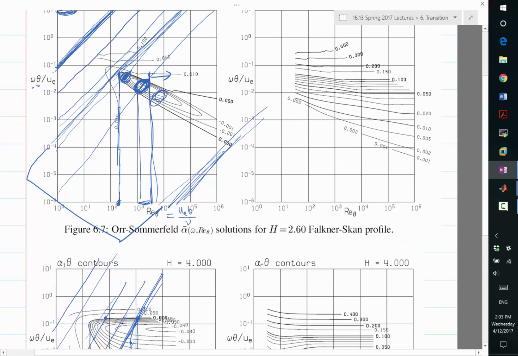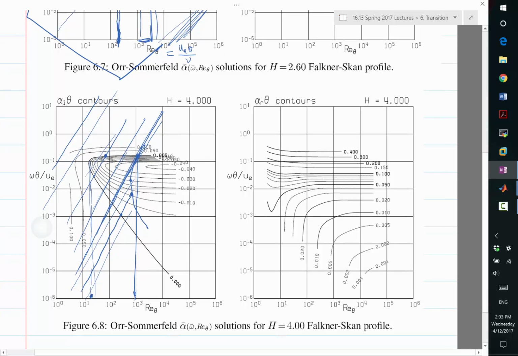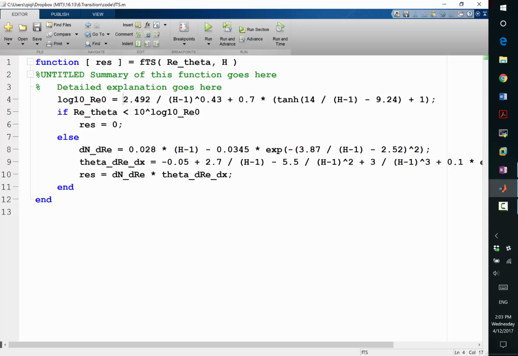For every h, there is an initial point, and they are all Re theta. So if you plot the initial point against the different h factors, you get a curve that can be fit using this. So this is the data fit for the initial growth, and it's almost like exponential functions of h.